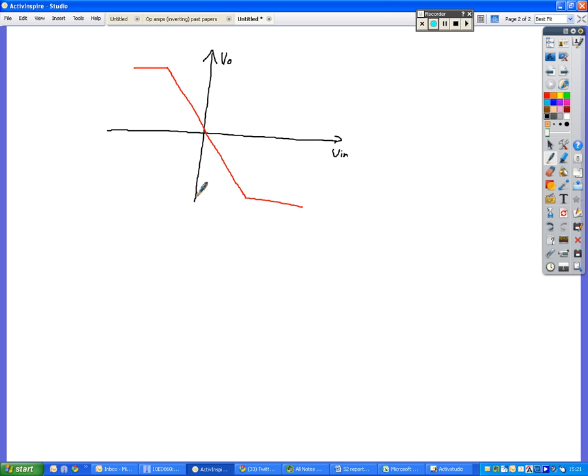If we look at these values, this is around about plus 13.7, and if we bring this value down here, then this will come in at around about minus 13.7 on either side there.